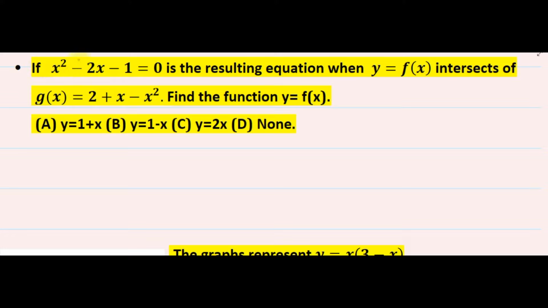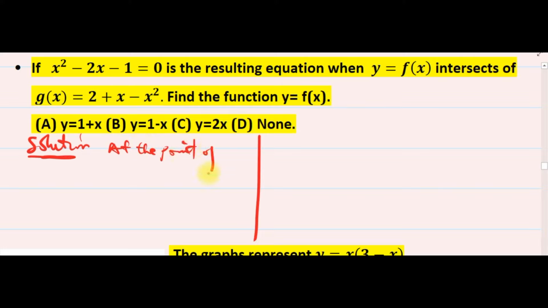And if this is the resulting equation, when the graph of this intersects this, find the function. We know that at the point of intersection of two curves, the two functions will be equal at that point.